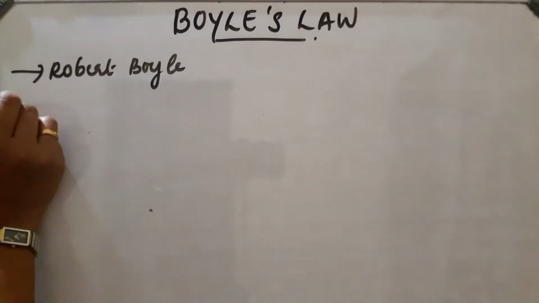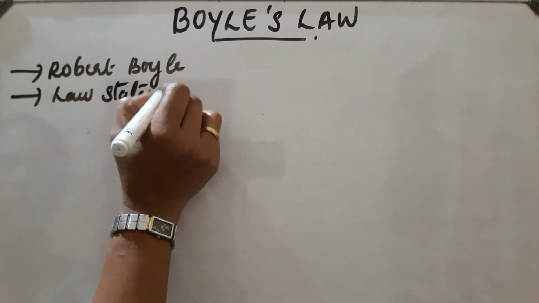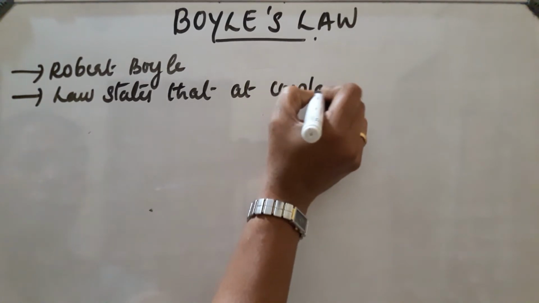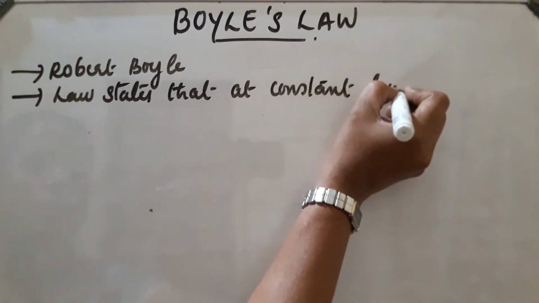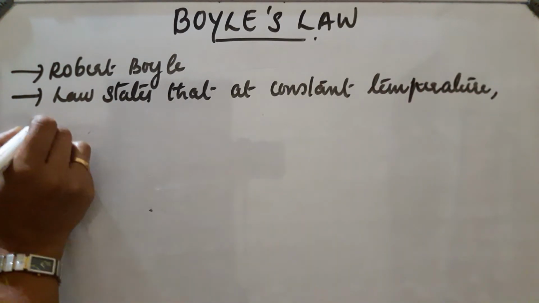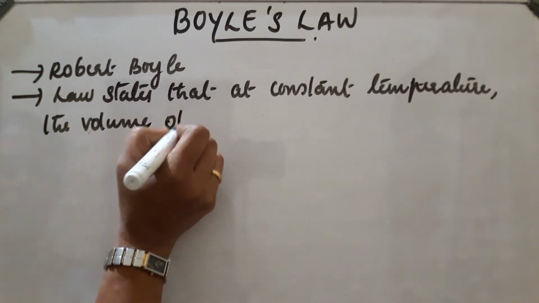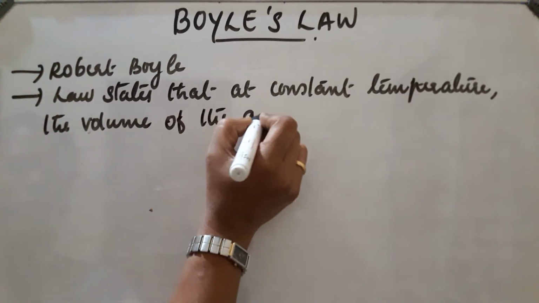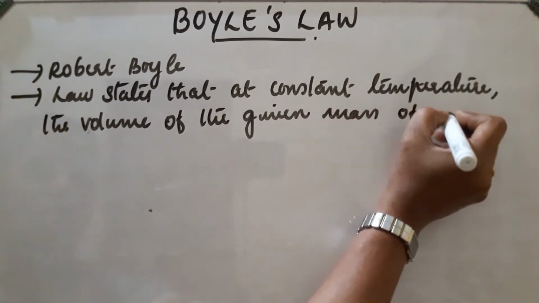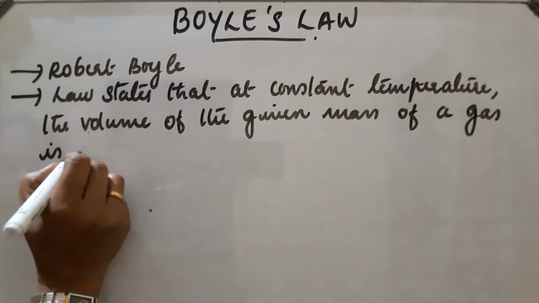So, this law states that at constant temperature the volume of the given mass of a gas is inversely proportional to its pressure.